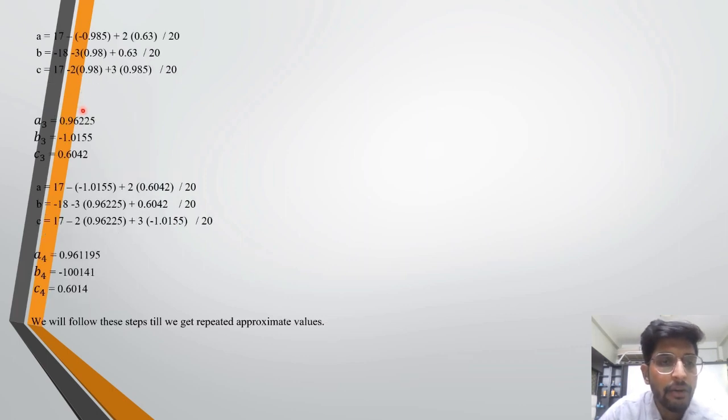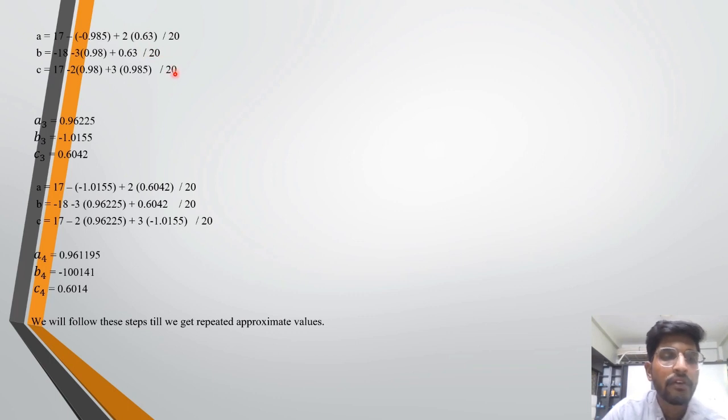Then again we calculate over here the values of A3, B3 and C3. The values of A3, B3, C3 can be calculated by substituting in the equations the values of A2, B2 and C2. So we substitute here, as we can see, the value of A is 17 minus, minus of 0.985 plus 2 into 0.63, divided by 20.